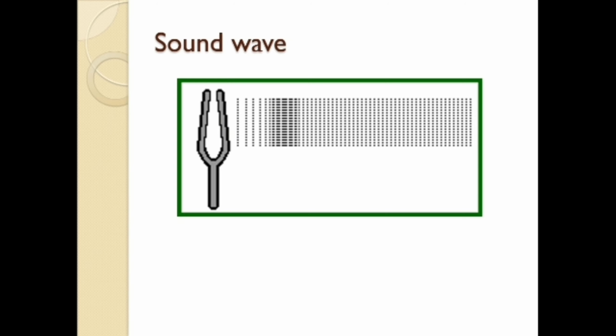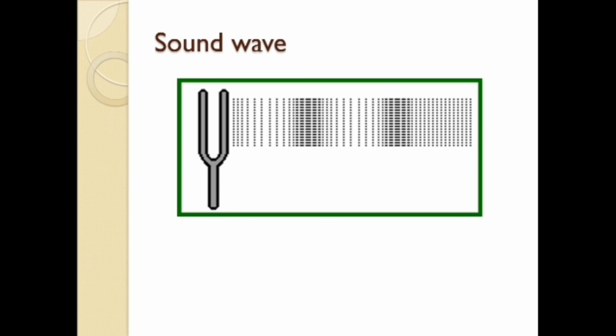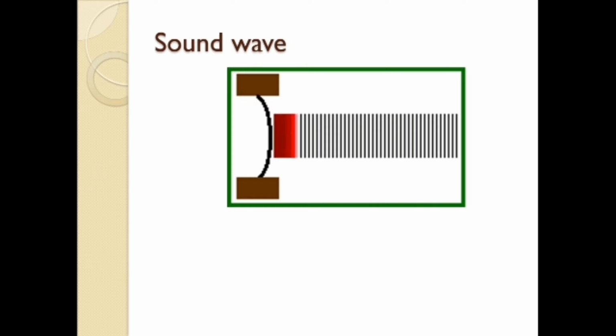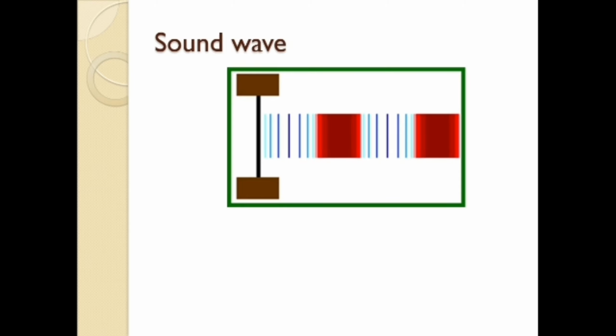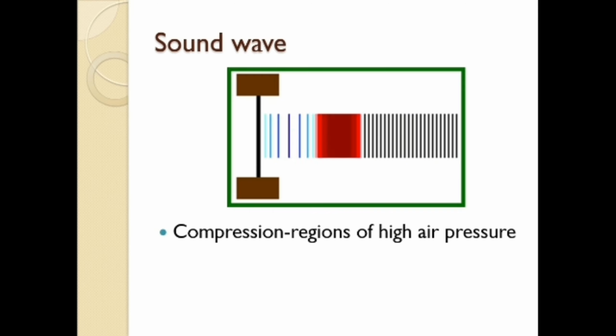Okay, let's take a look at this one, which is a sound wave. So sound wave, do you think it's a longitudinal wave or a transverse wave? Okay, so you can see here, sound wave is a longitudinal wave. And here are the parts of the sound wave. We have here compression, wherein these are the regions of high air pressure.